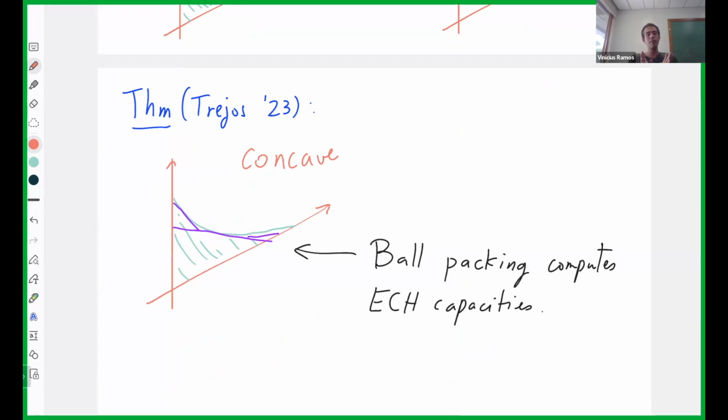That's not a ball, but in the case of RP3, that will be like a disk bundle of S2. This is a very specific thing that plays the role of a ball. And then the rest, we can fill by genuine balls. And he proved in his thesis that this ball packing computes the ECH capacities of this domain.